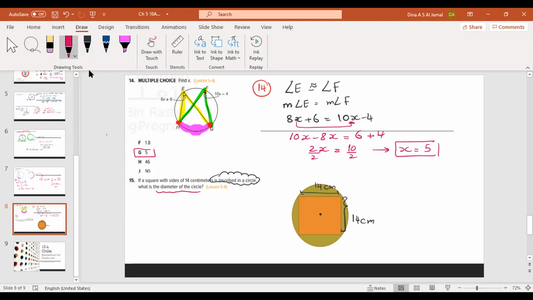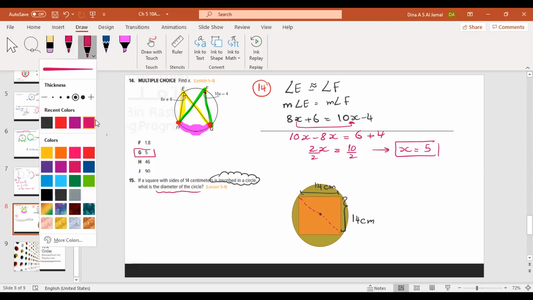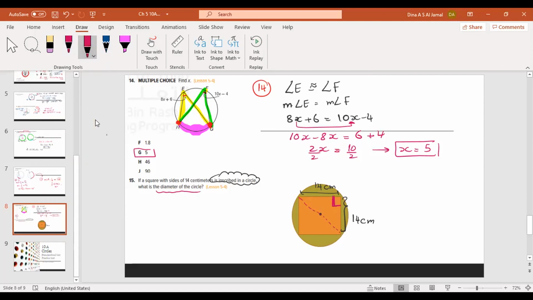So in such a question, all you need to do is imagine that your diameter is the same as if you cut your square into two right angle triangles. That means you can use this rule to find your diameter: a squared plus b squared equals c squared. Now let's substitute.